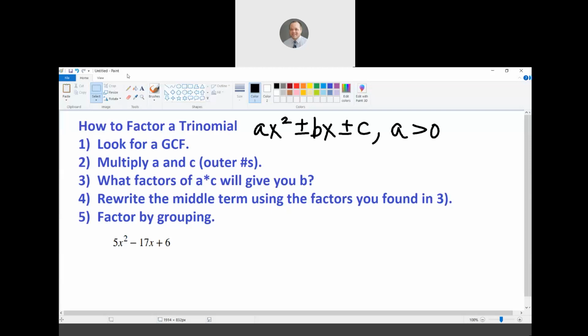All right, for this first trinomial, there is no GCF among the three terms. So let's proceed to step 2. Step 2 says multiply your outside numbers. In this case, 5 times 6.